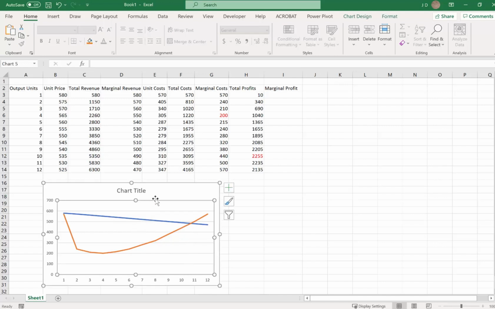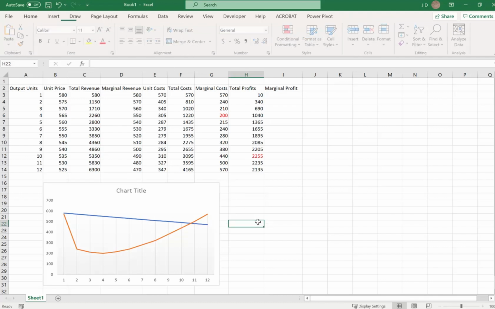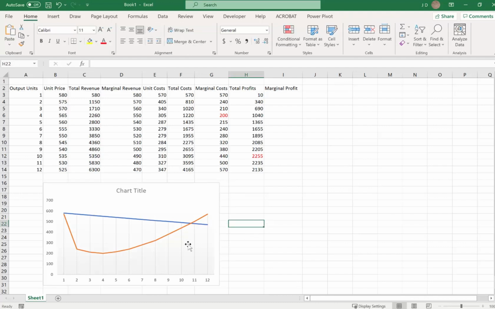So we can do this right here, chart design. You can see here, around 10, 11-ish, you will be able to maximize. Since we're not able to sell a fraction of the product, we'll say either at 11 or at 10 will maximize our profit. So that's what it is.